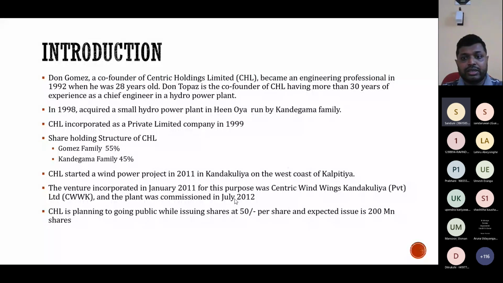Therefore, there will be some opportunities for CHL to invest in a nuclear power plant also. Why? Because they are experts, though they have no experience with this, and they are in the renewable energy segment. It's called related diversification, unrelated diversification. You will learn through the discussion in future.